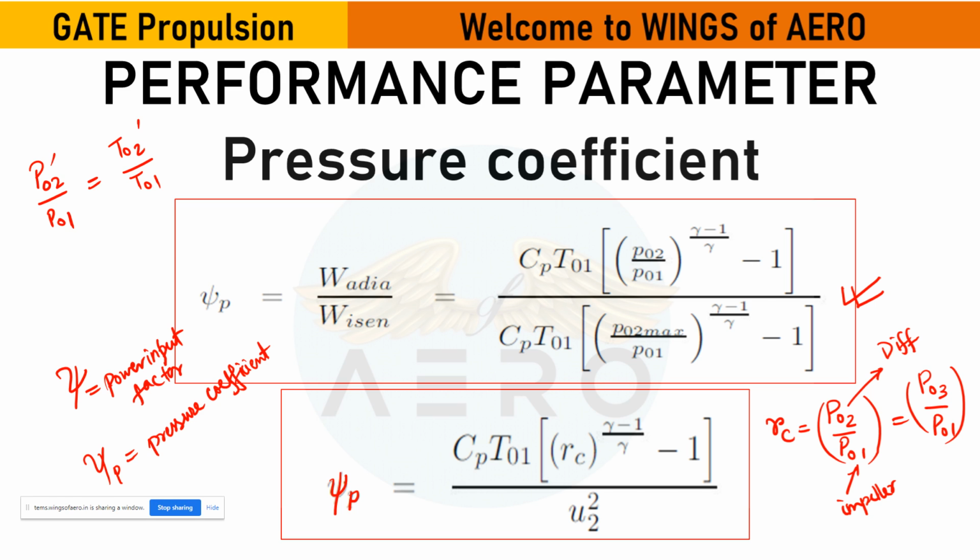We are considering P02 prime equals P02. This is the assumption we take in case of efficiency. But in the pressure coefficient, both tend to be different, and obviously the pressure coefficient at the exit in the ideal case will be much higher compared with the actual one, because in the actual one there will be some losses. That's how it has evolved with the pressure coefficient.